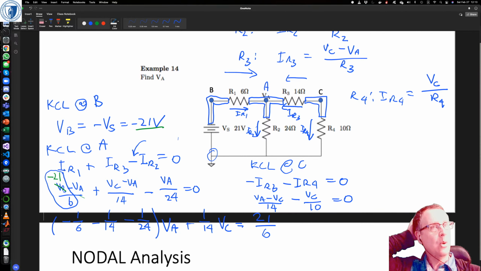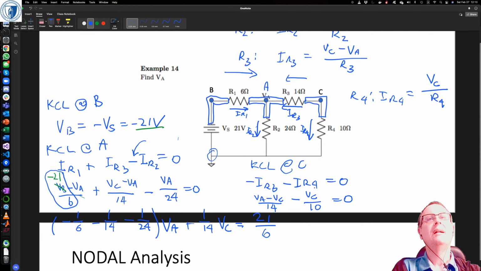So there's one equation, and then this equation coming down here gives us 1/14 VA, and then depending on how you want to write it, I'm going to write minus 1/14 minus 1/10 VC equals 0.